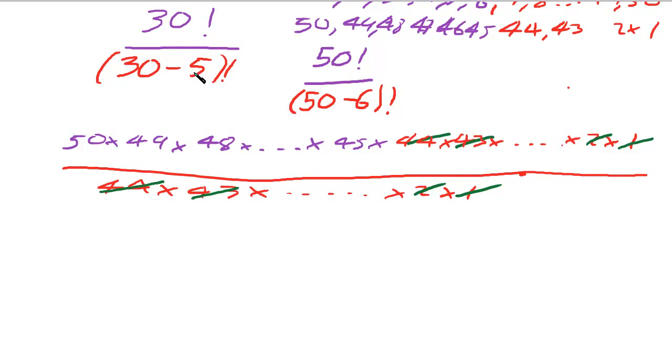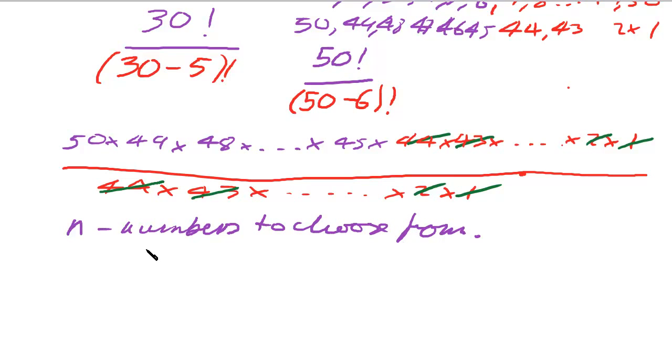So what we're doing is we've got n numbers to choose from, and we are selecting R numbers.